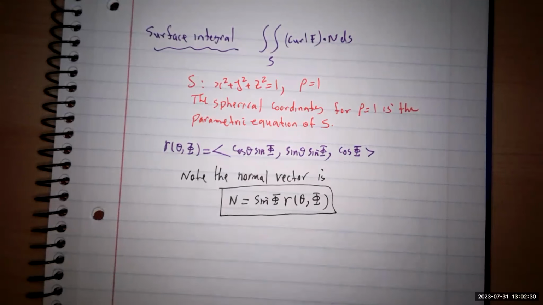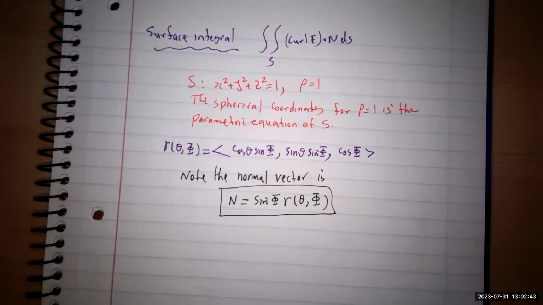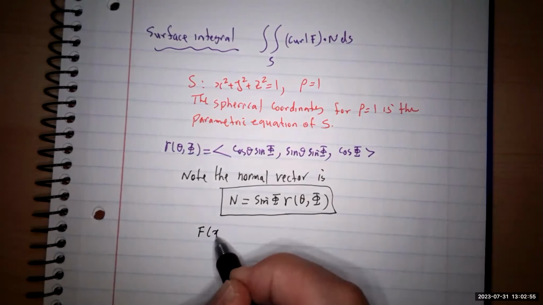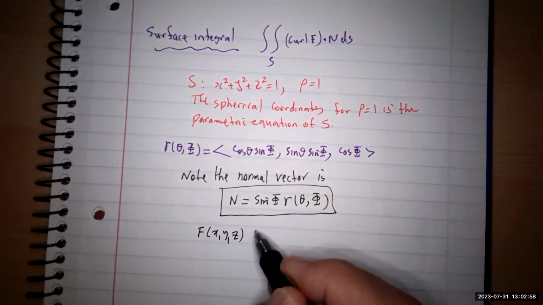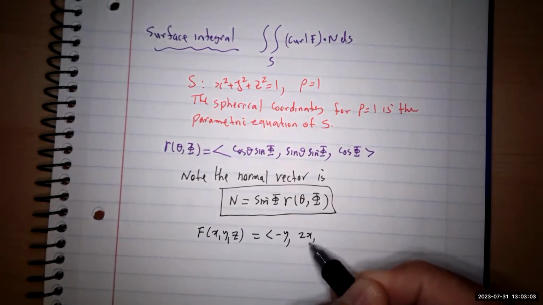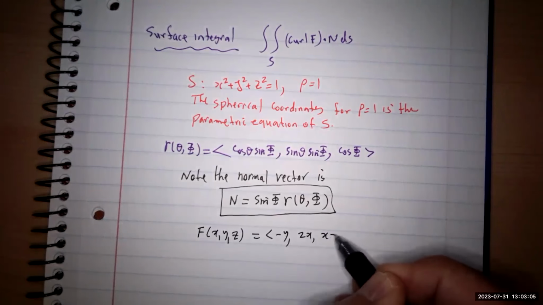So what we need for the next step is the curl of F dot n. So bring the F and find the curl of F. So what is your F? F of x, y, z is going to be negative y, 2x, and x plus z.